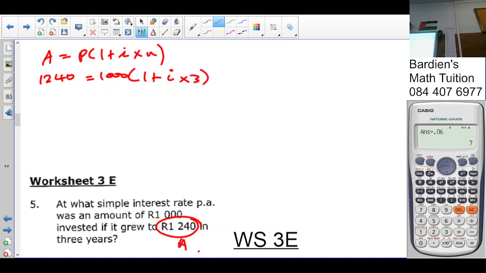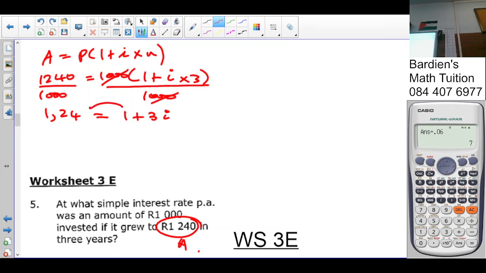So what do I do first? Divide by 1,000 Rand both sides. Okay. That cancels. So that's going to be 1,24 equals 1 plus 3i. Now what do we do? Take the 1 over. So it's going to be 1,24 minus 1 is equal to 3i. So 1,24 minus 1, 0,24.